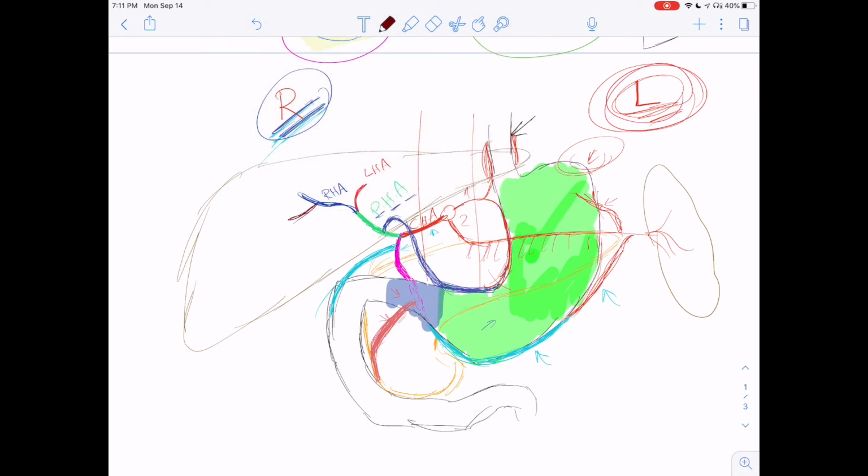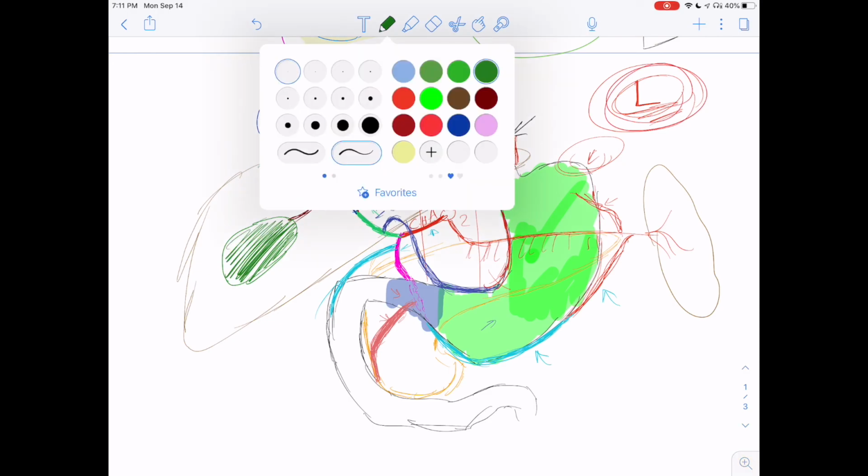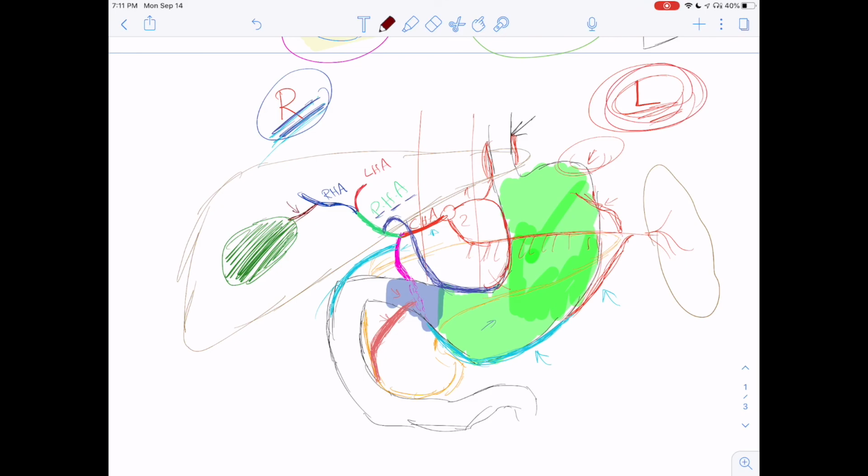It's called cystic artery. So the cystic artery would go to gallbladder. It should be very, very, very green. So this is cystic artery. I'm not talking about the cystic duct or something. This is just artery, right?